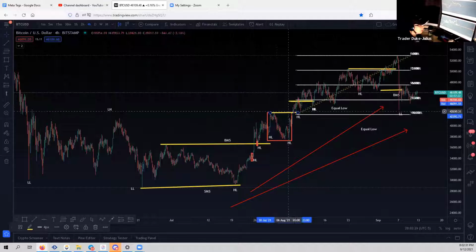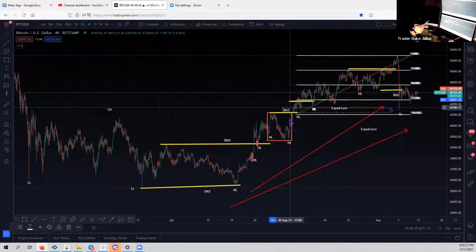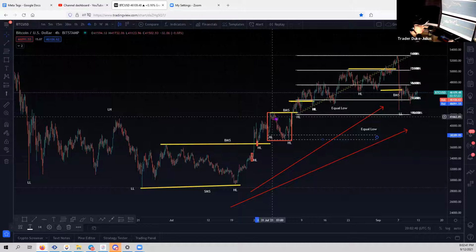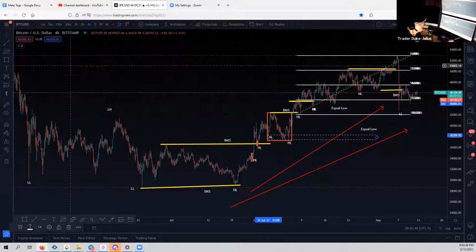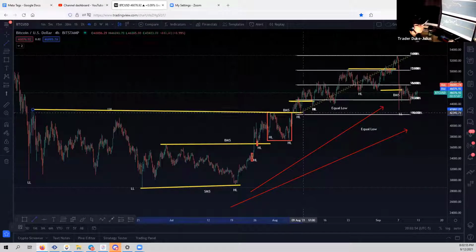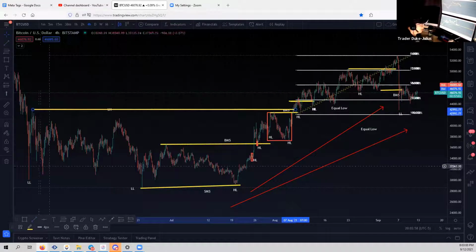Price BMS right there. It BMS that. Price came up and BMS this structure. That was a big deal because it is also the structure here at this point right here. Right there, boom.